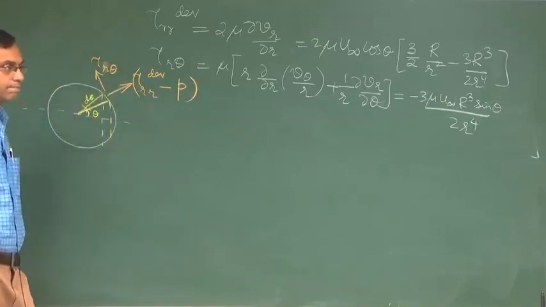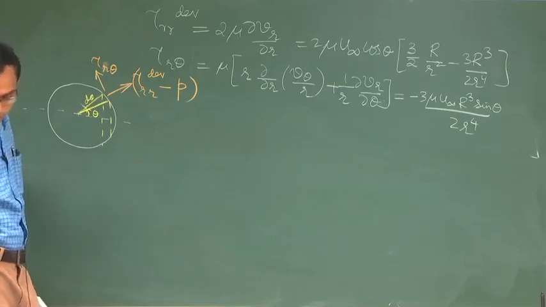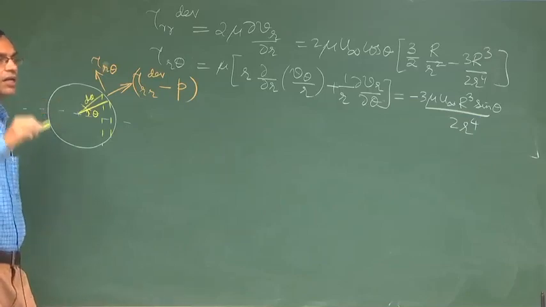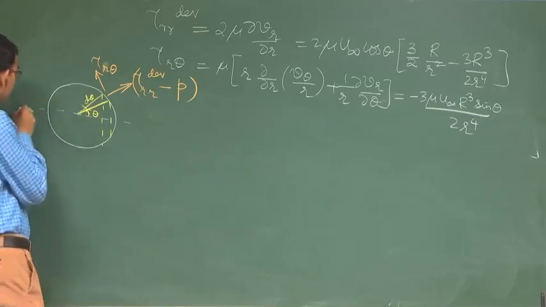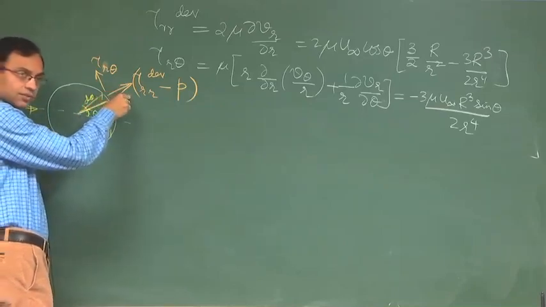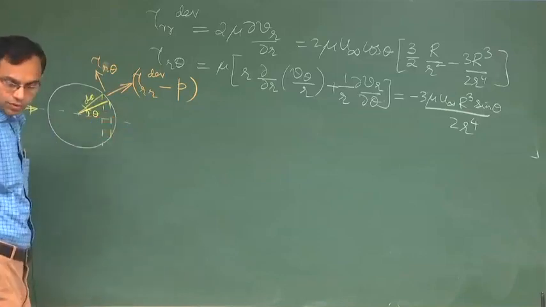Tau r theta. So what is the drag force? Drag force is defined as the force in the direction of the relative flow. So the relative flow is in this direction. So we have to resolve the force in the direction of the flow. So what is that?